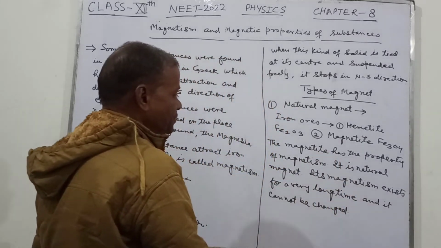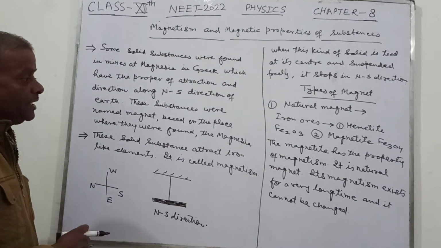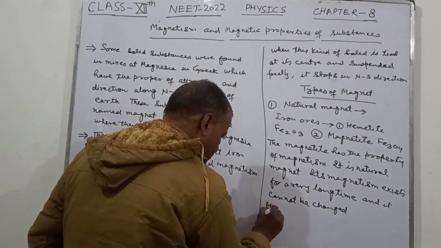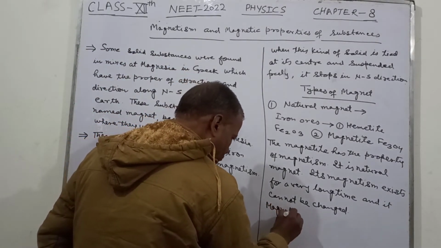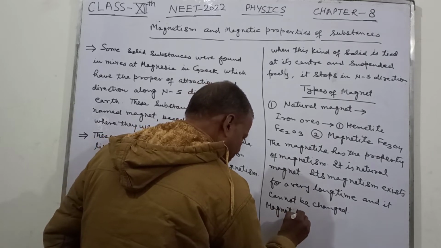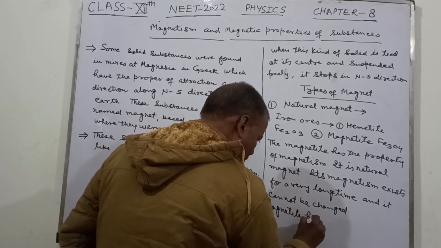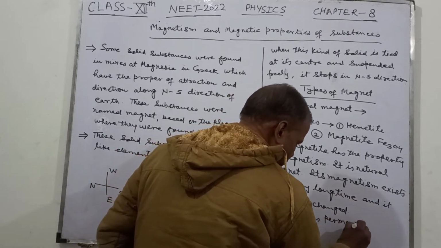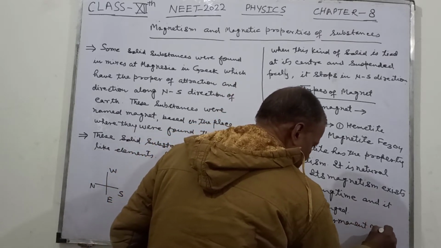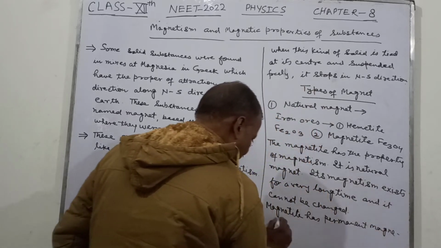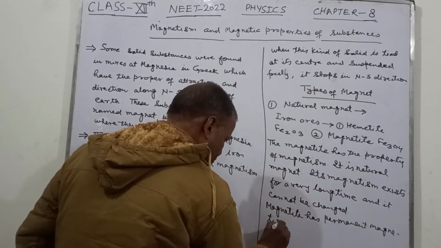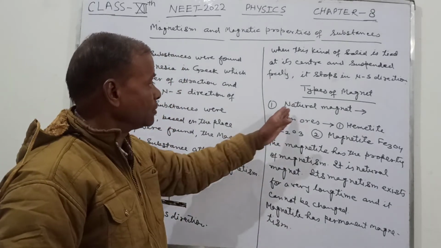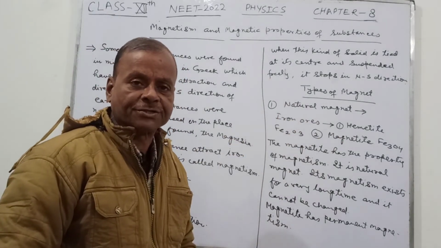So they have permanent magnetism. So these are called the natural magnets.